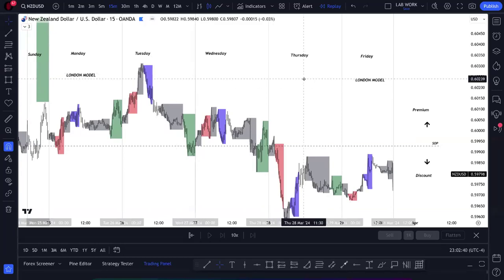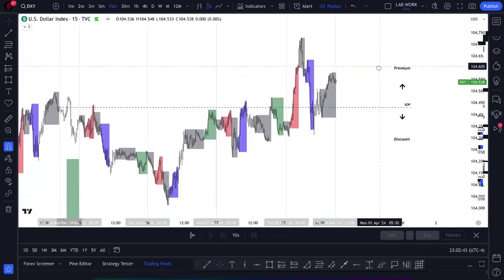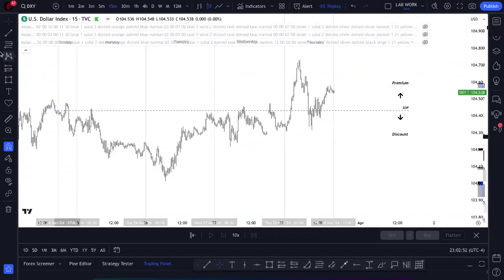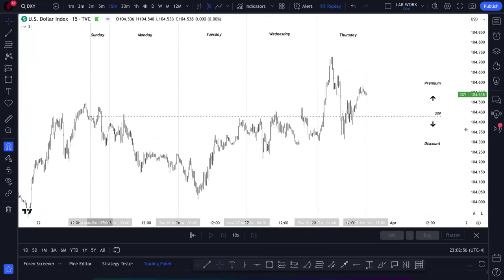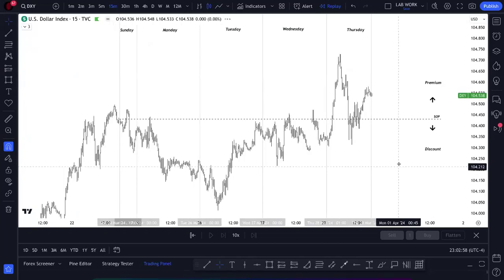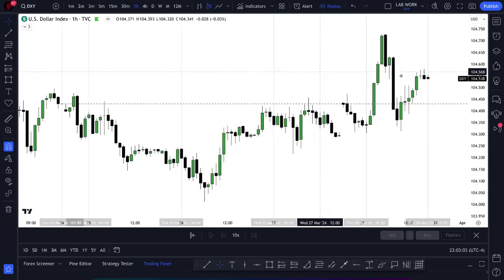So we're going to start off with the DXY. We know this week is a holiday. You see the week stopped short here on Thursday for the DXY. But looking at the overall premise, based on the weekly opening price or Sunday's opening price, you can see where the best buying opportunity occurred for the week and what day it landed on.